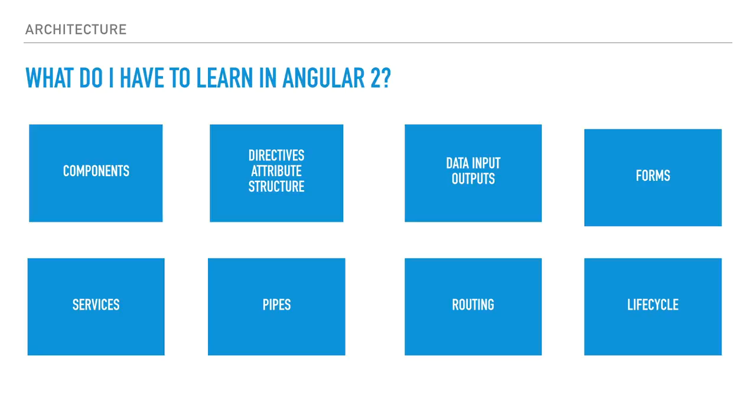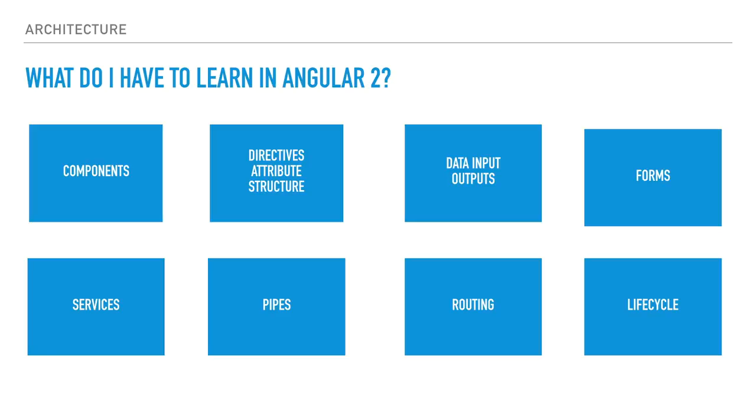Services are singletons, classes that serve a single purpose. So we can think about them like a user service. This service will take care of all the user methods that will retrieve information from the server, add users, and delete users. So it's a singleton with a single purpose.